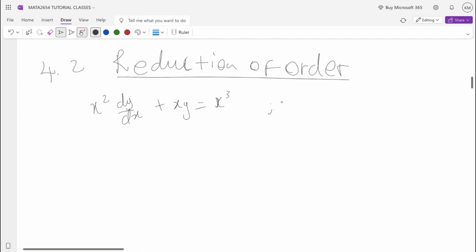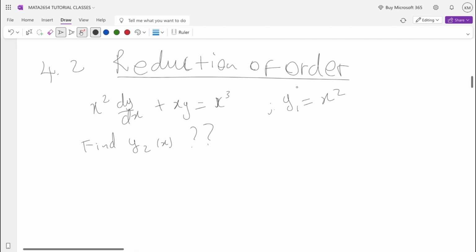Then they give us a solution y1. Maybe, for example, they say that solution is x squared, and they want you to find y2. This differential equation, they tell you, doesn't possess only one solution. It possesses more than that, and they want the second solution y2 of x. How are you going to do that?